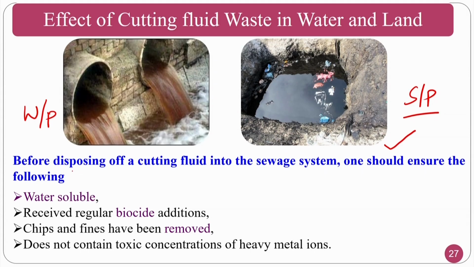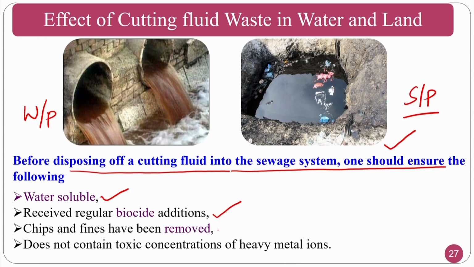Before disposing of the cutting fluid into the sewage system, one should ensure the following: whether it is water soluble or not, and whether it received regular biocide additions or not, because if the biocides are not there, it will generate a lot of organisms like bacteria, fungus and other things.